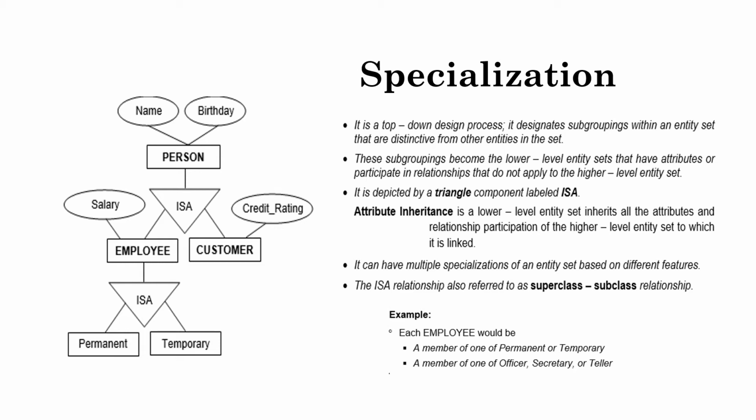This member can be an officer, a secretary, or a teller. That's how we specialize, meaning we have to be specific on the details about the entities.